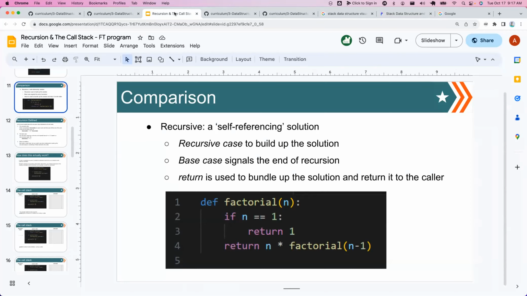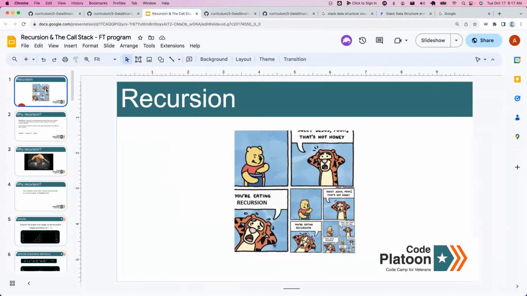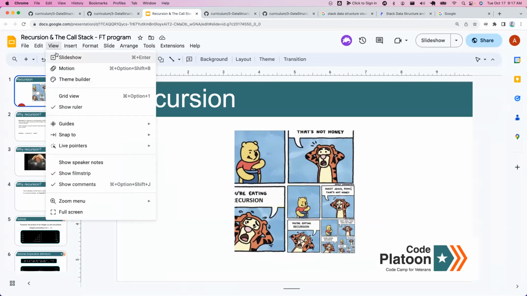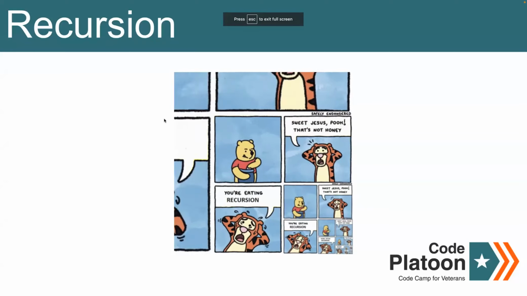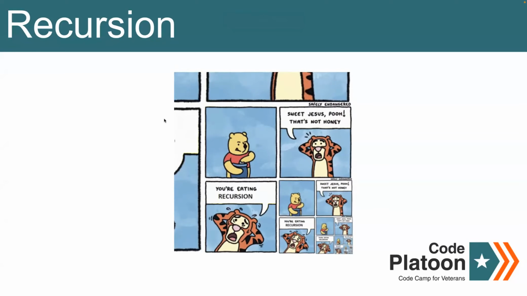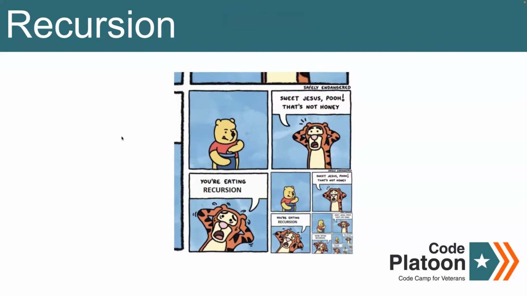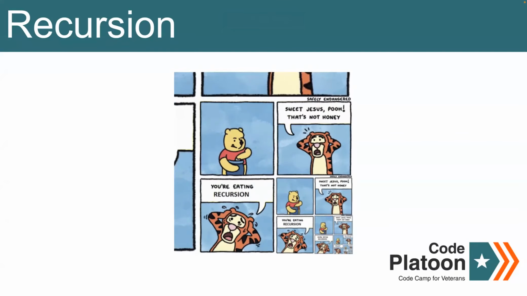So now that I've tangented a little bit, let's talk about recursion, which will lead us back to stacks very shortly. And we've got this awesome Winnie the Pooh infinite recursive GIF here.